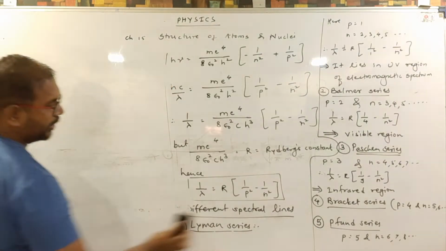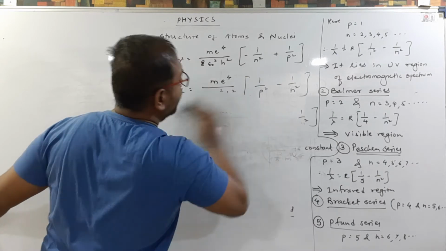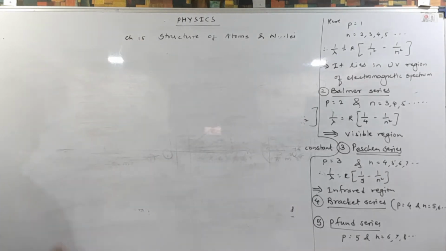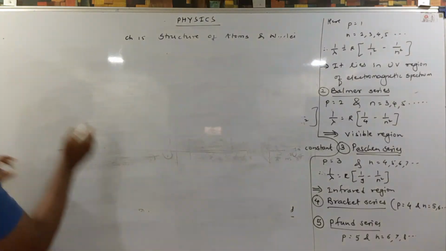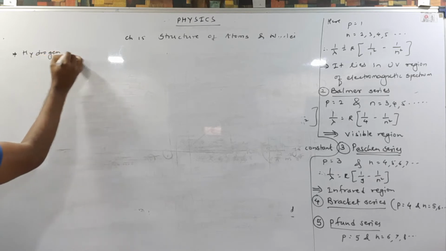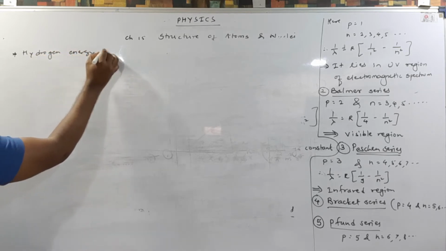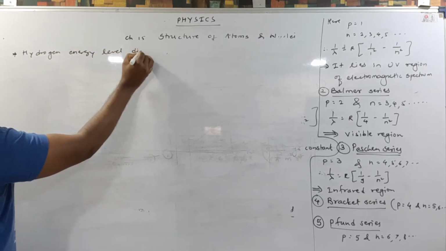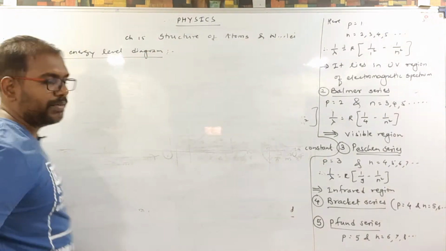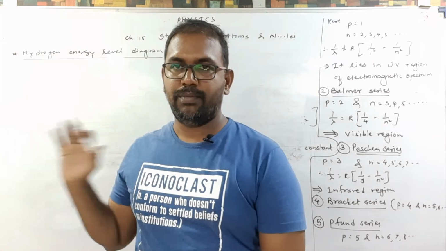Next is the hydrogen energy level diagram, or we can write the energy spectrum for the hydrogen atom.